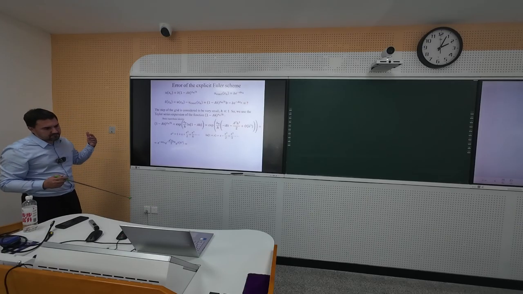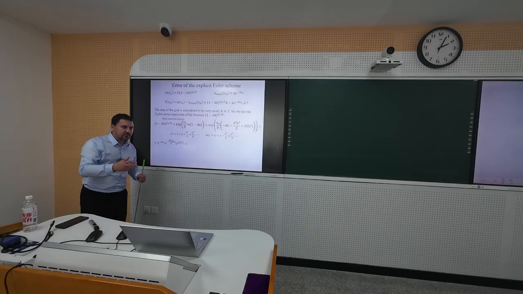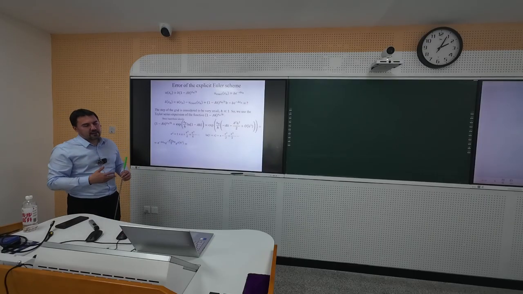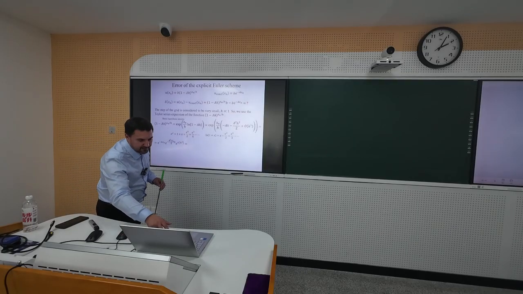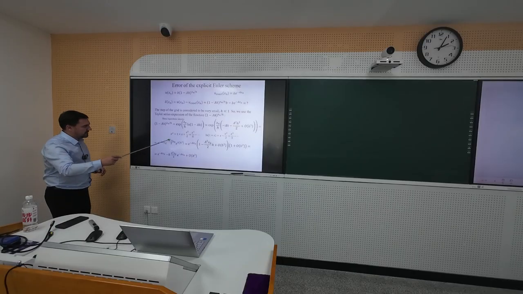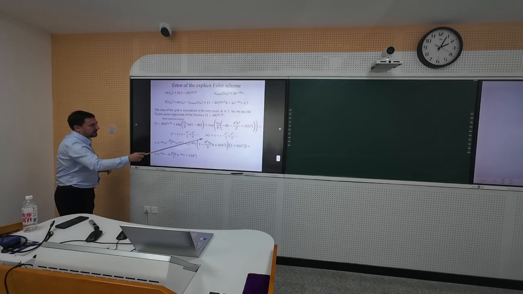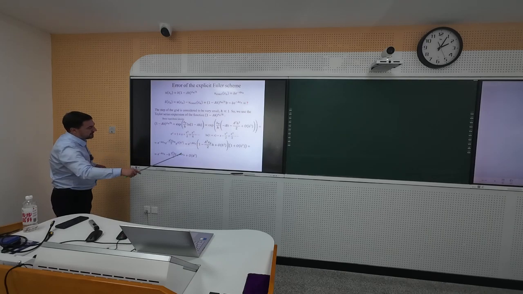Actually, this is the common approach to explore, to study the properties of numerical methods. So we use this Taylor series expansion for this exponent and for this exponent. Then we also open brackets and get the final formula.